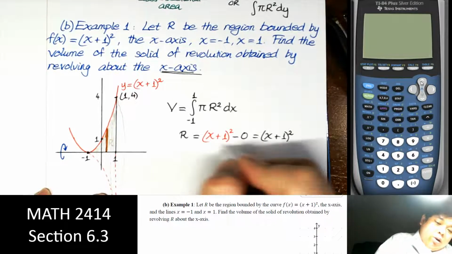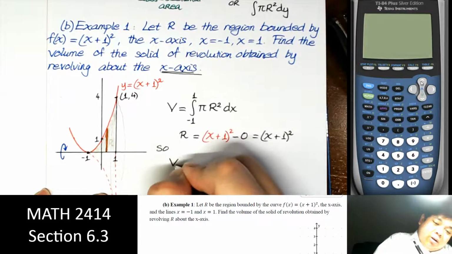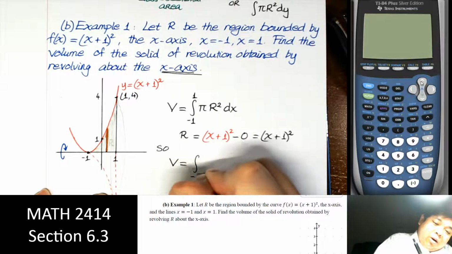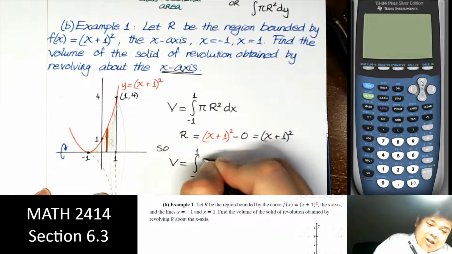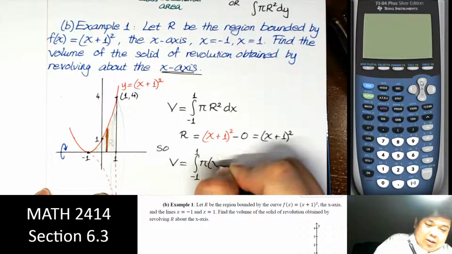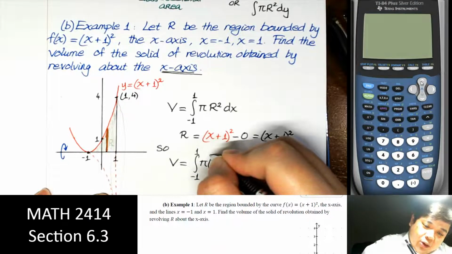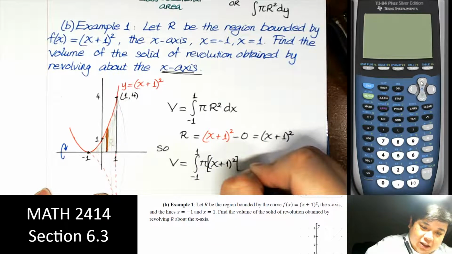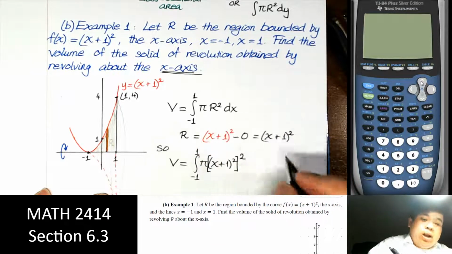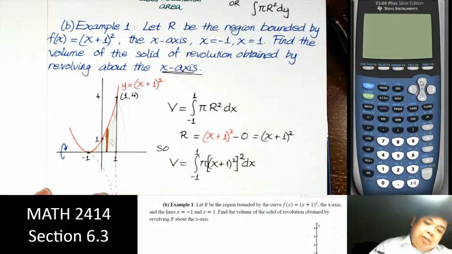And put them all together. The volume from -1 to 1 of pi times (x plus 1 squared), that's the radius, and then we have to square again because we need the radius squared, dx. Right.